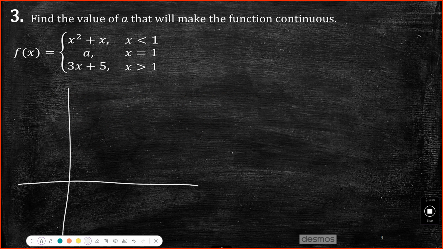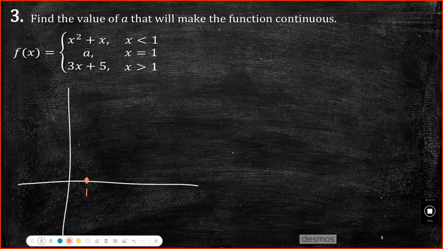So for values less than 1, it's some quadratic thing. If I plug in x is 1 in here, well, that makes it 0. What did I say?